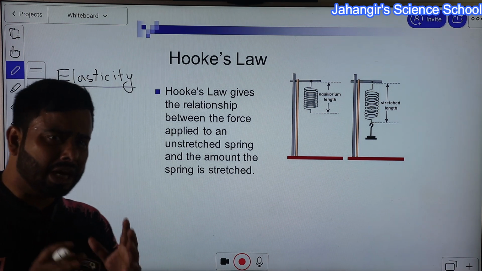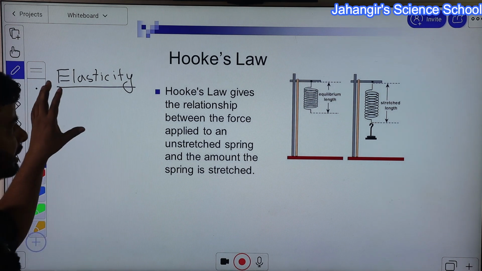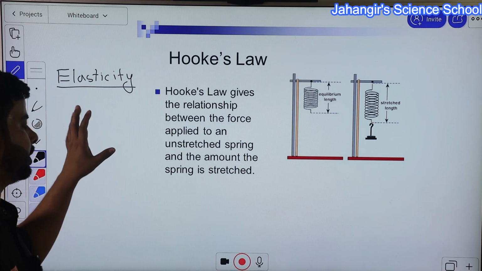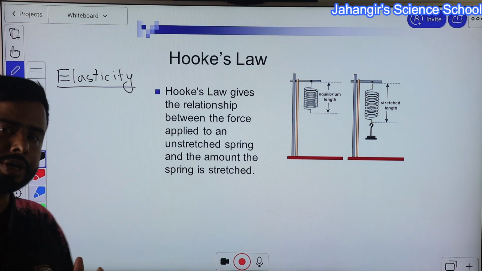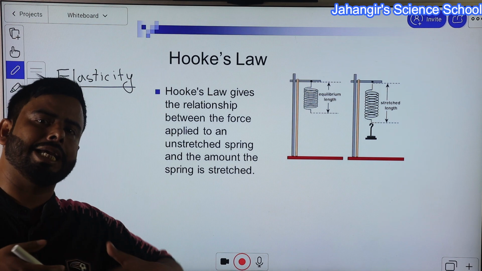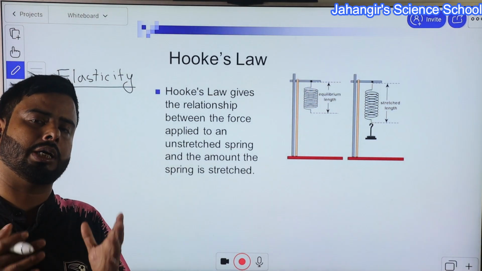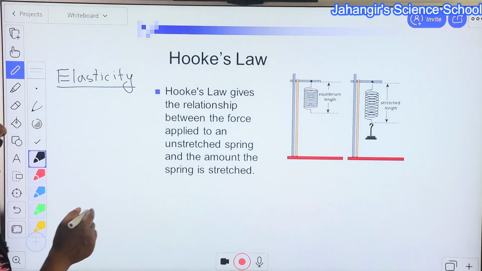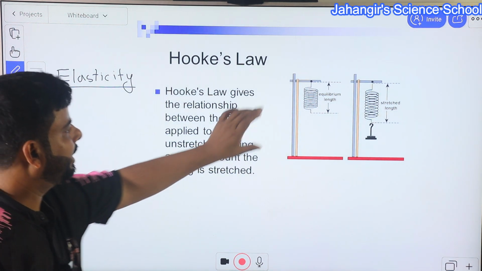In our universe there are some special types of material which have this property.